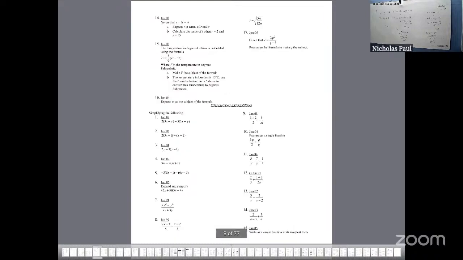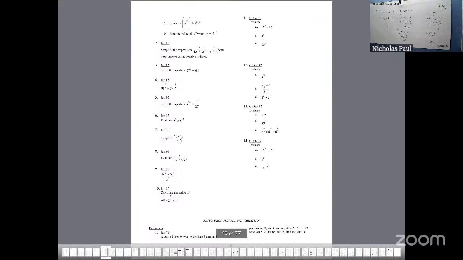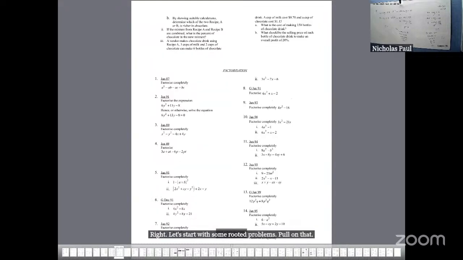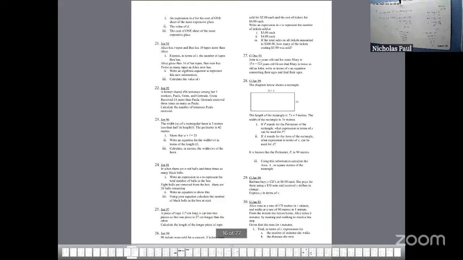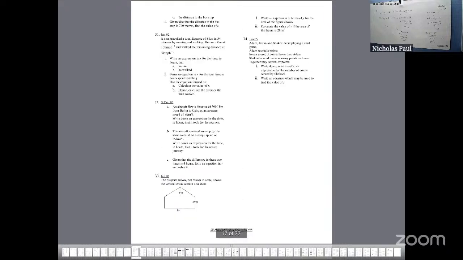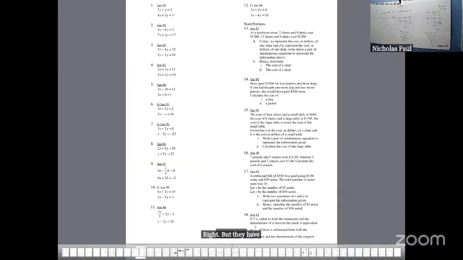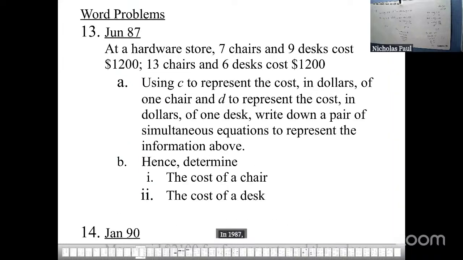Right. Let's start with some worded problems. Hold on. That's factorization. Right. So here we have some solving simultaneous, but in 1987, they gave us one like this.